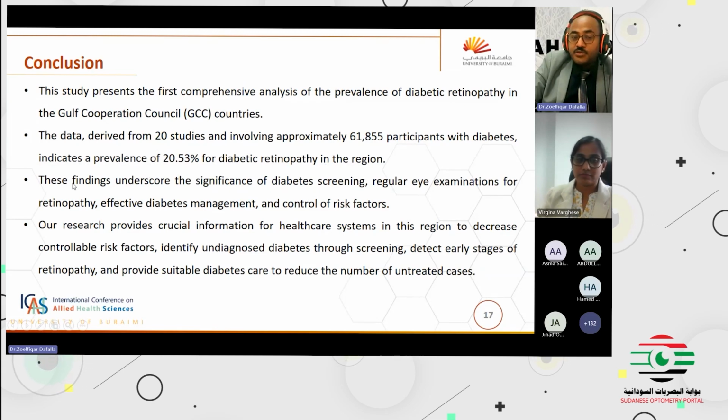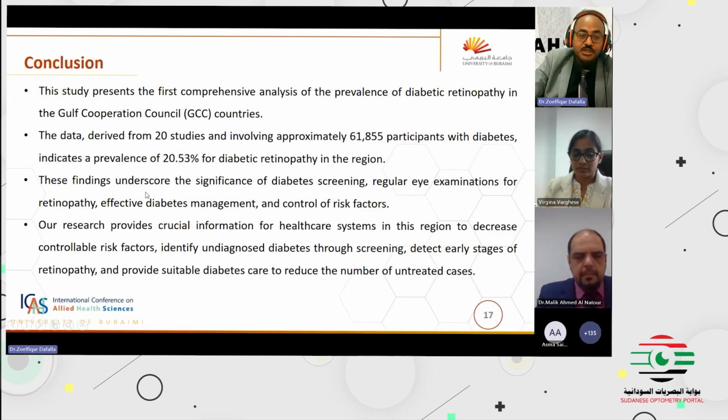This finding underscores the significance of diabetes screening, regular eye examination for retinopathy, effective diabetes management, and control of risk factors.